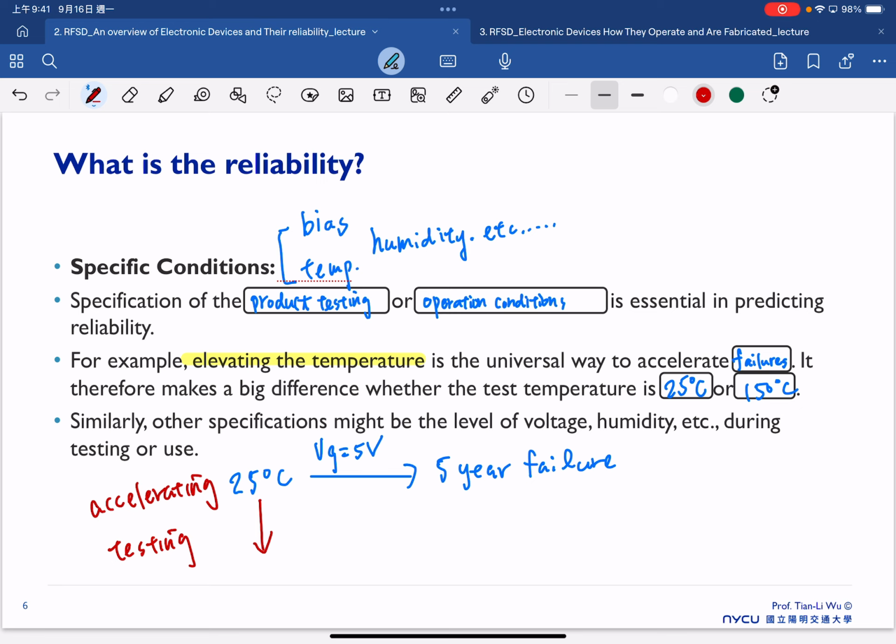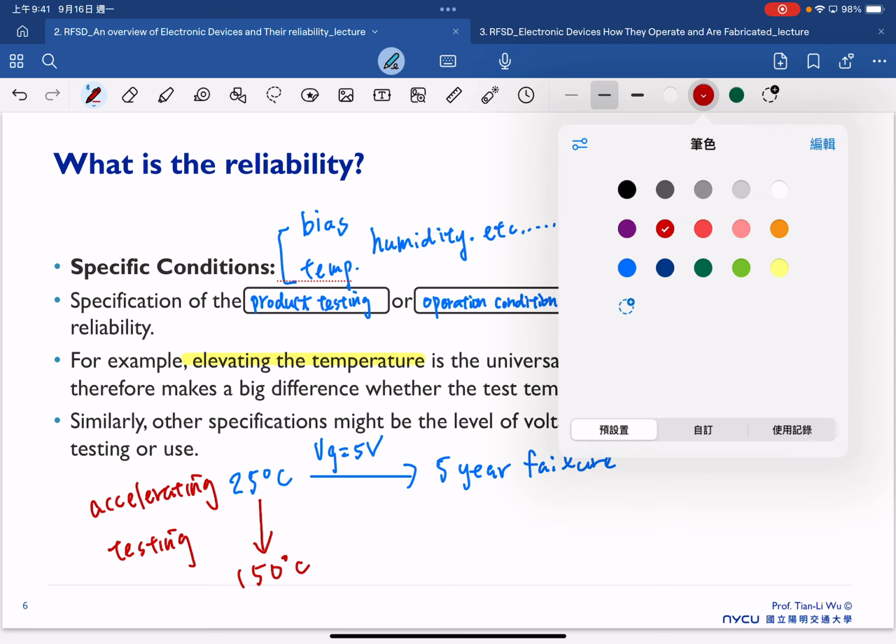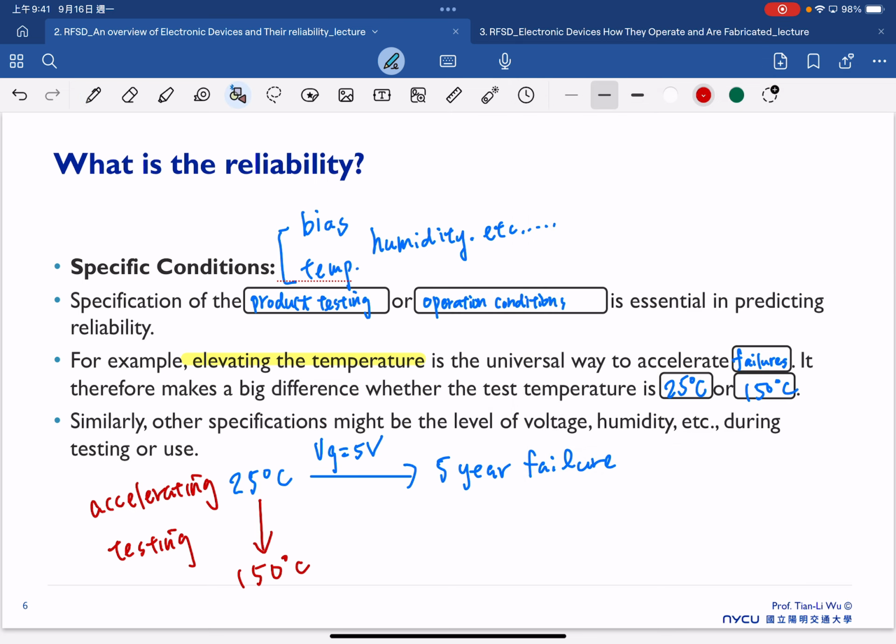For example, we will put our device in a high temperature environment, for example 150 Celsius degrees, and the goal is that we hope to accelerate the failures.